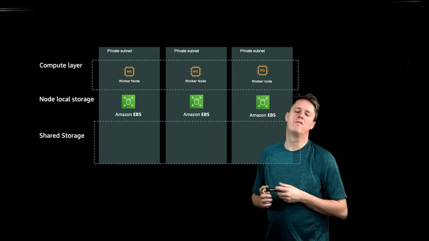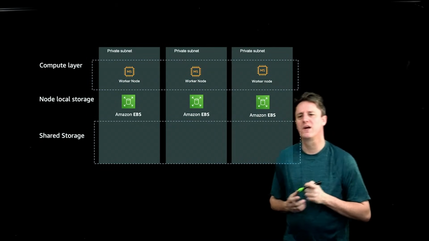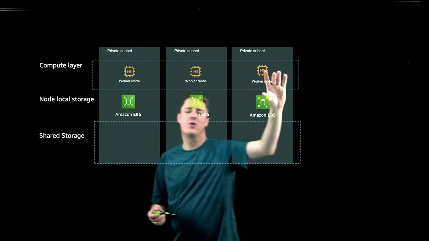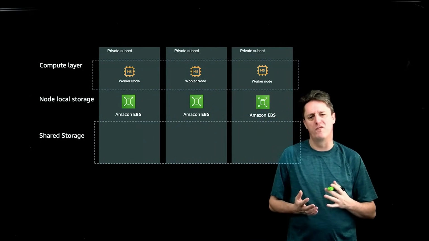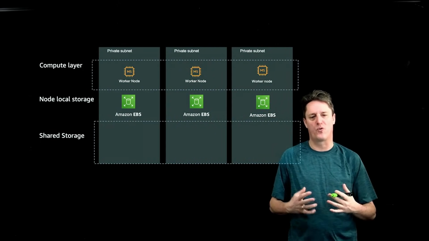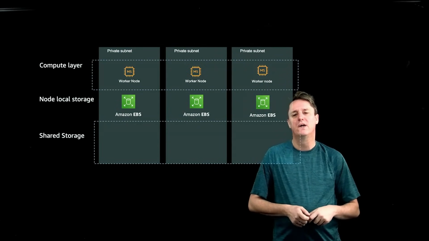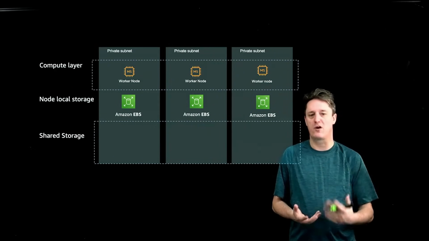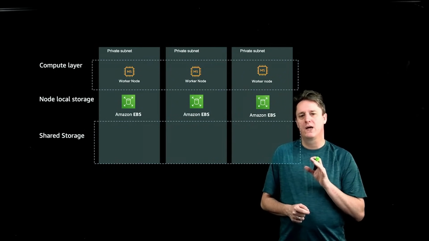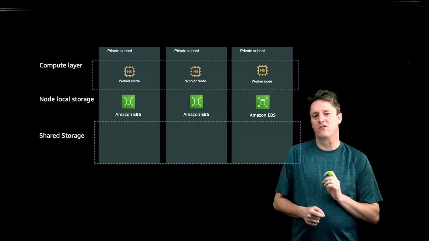When we zoom out of the OpenShift environment and have a look here, we've got the compute layer, the worker nodes. These will have directly attached local storage in the form of Amazon's Elastic Block Store, or EBS volumes. The challenge with EBS volumes is they are cost effective, performant, and great for storing things on.